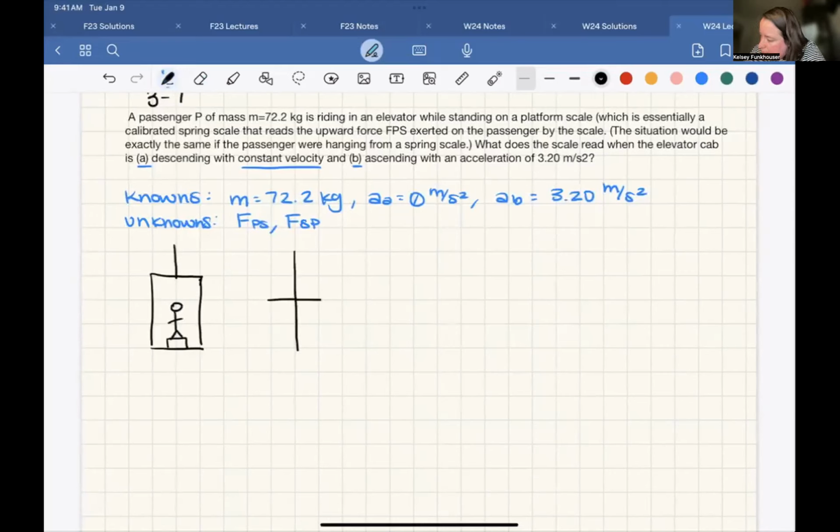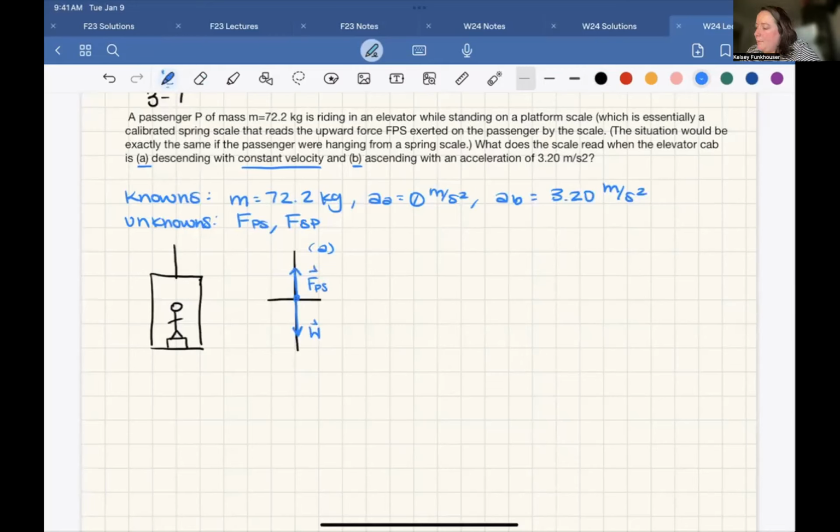So this is for A. And in this case, the forces acting on the passenger are the passenger's weight force going down, and then the force on the passenger from the scale going up. And since the acceleration here is 0, that means the net force is also 0. So these vectors should be the same size.